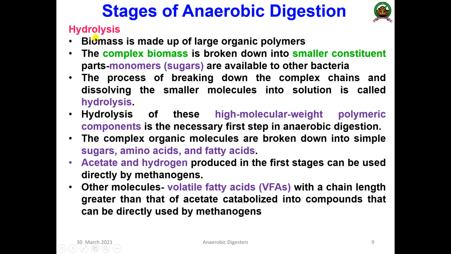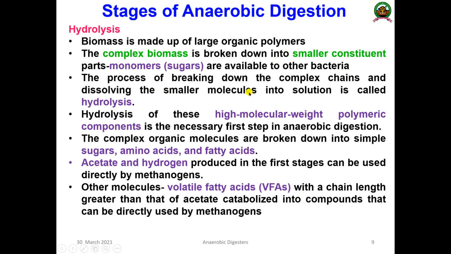So hydrolysis, as you all know, the biomass is made up of large organic polymers. The fundamental organic polymers are carbohydrates, and the complex carbohydrate is broken down into simple forms such as monomers, such as sugars, which are readily available for the growth of other bacteria.